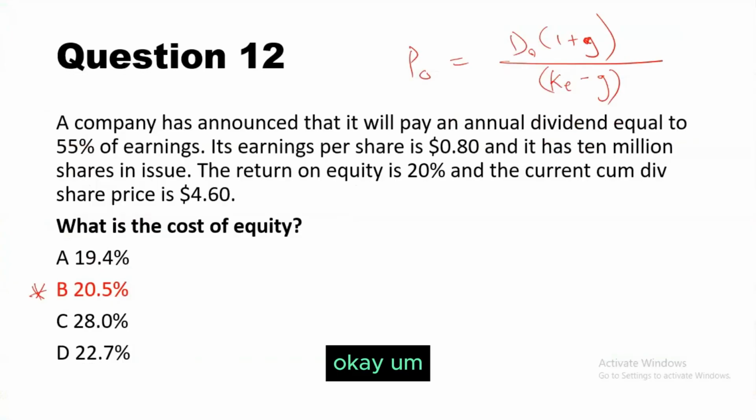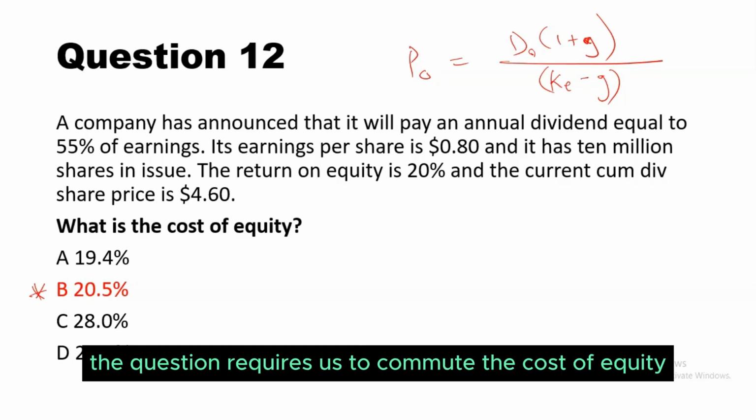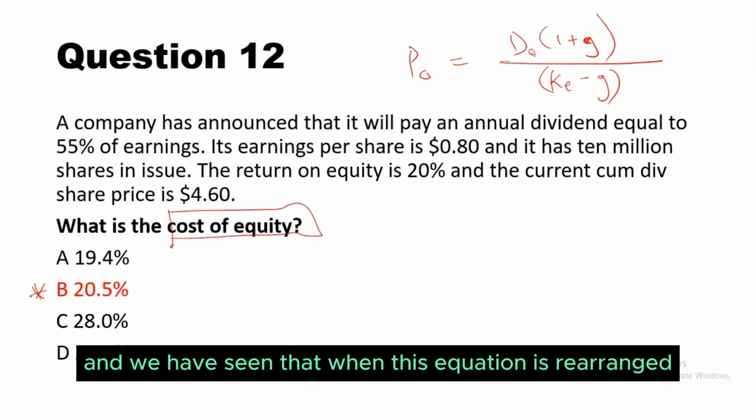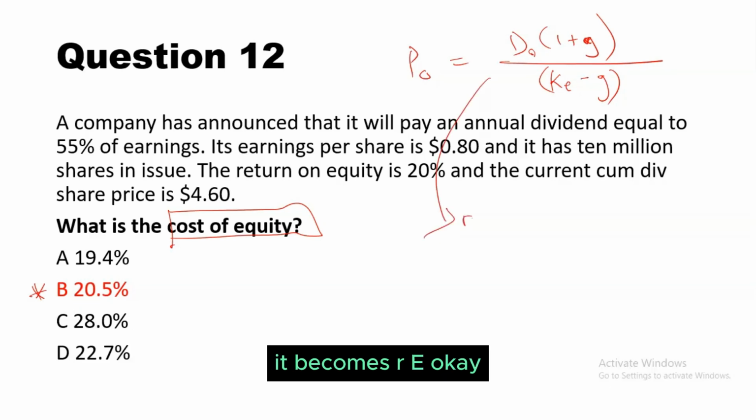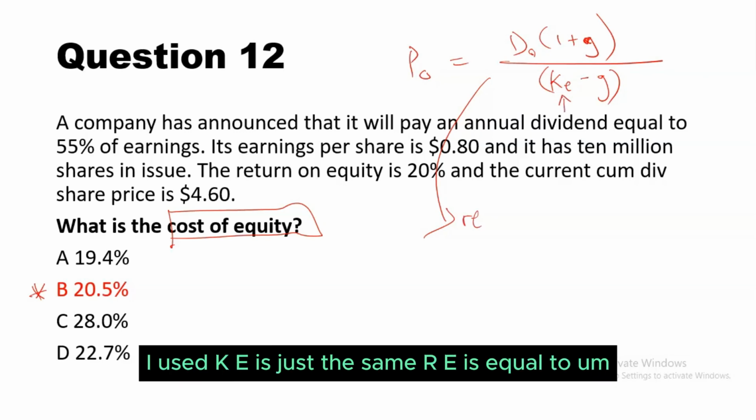Okay, so the question requires us to compute the cost of equity, and we have seen that when this equation is rearranged, it becomes Re. I used Ke, it's just the same.